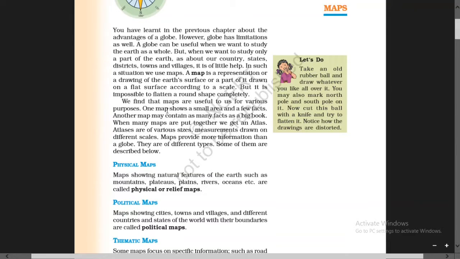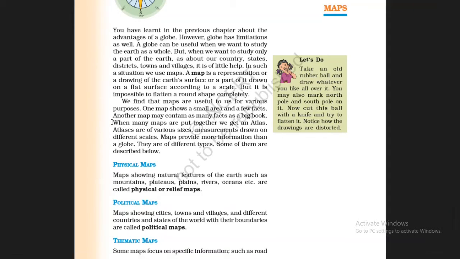One map shows a small area, a particular area, and a few facts. Not everything is shown there. Another map may contain as many facts as a big book.